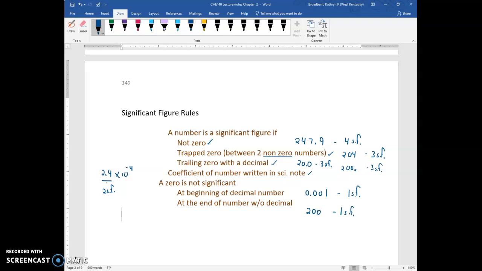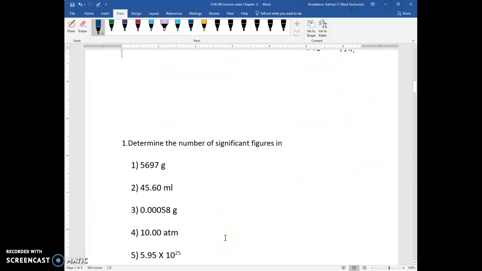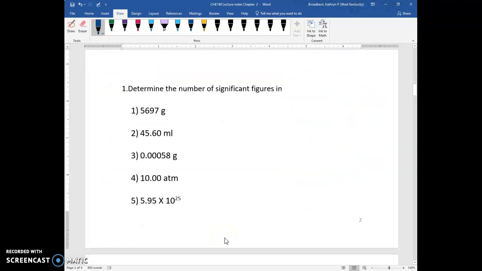So let's look at some examples so we can figure out what's significant. Determine the number of significant figures in these numbers. Okay, well, this first number doesn't have any zeros, and so all of these digits are significant. So this one has 4 significant figures. This number has a 4, a 5, and a 6. Those are certainly going to be significant.